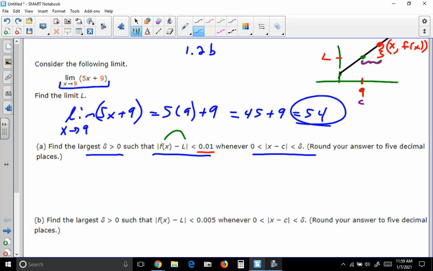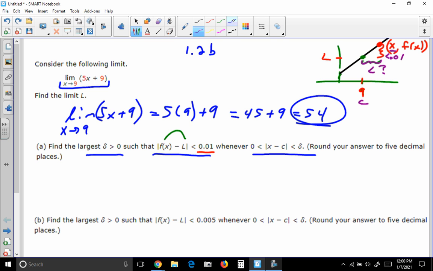So c is the x value we're approaching. This x is just the x of an arbitrary point. So if in the y direction we're within 0.01, so if that distance is less than 0.01, then what is this distance less than? If we're so close here, how close are we here? That's what that notation means.